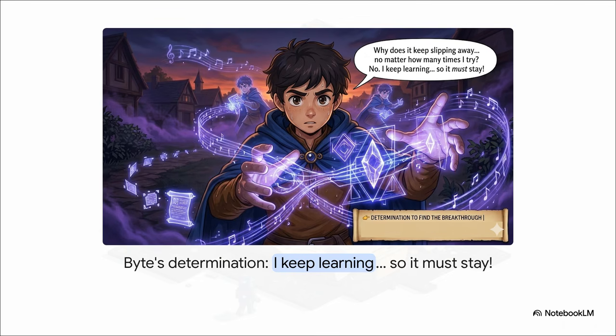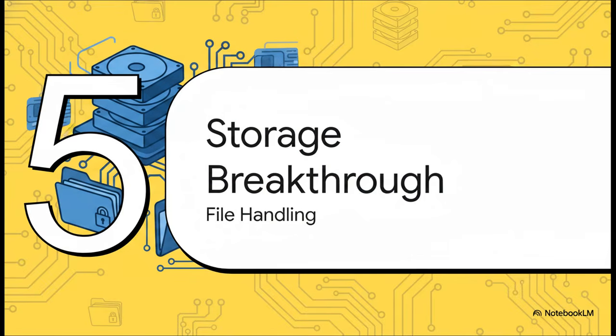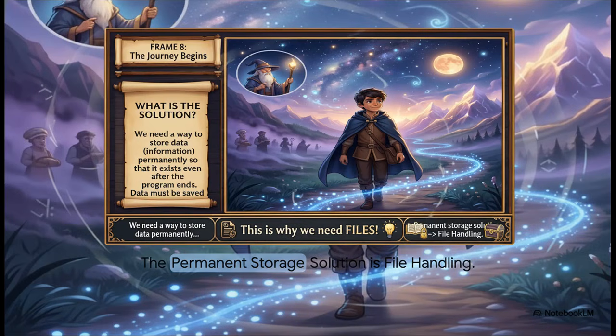He realizes that if he's putting all this effort into learning and creating, that data must have a way to stick around. And honestly, this is the exact mindset shift every developer goes through. You move from writing simple scripts that do a trick and then vanish to writing robust software that leaves a lasting footprint. You stop accepting volatility and you start demanding permanence. Section 5. The file storage breakthrough, file handling. Guided by a wise mentor, Byte discovers the ultimate magical breakthrough.